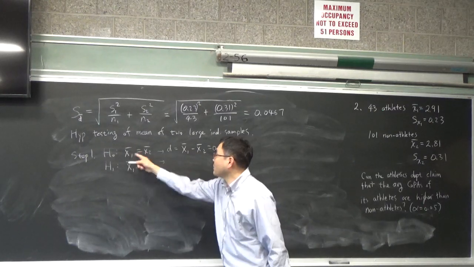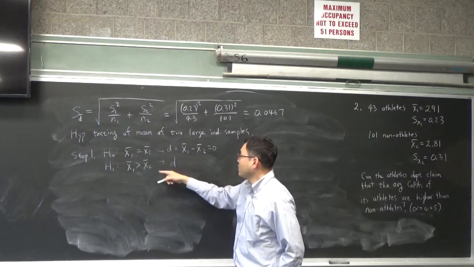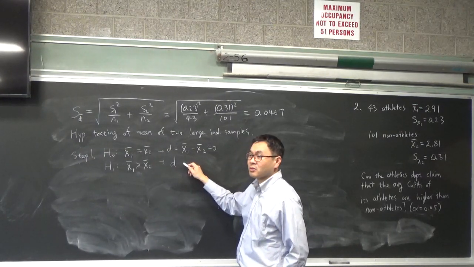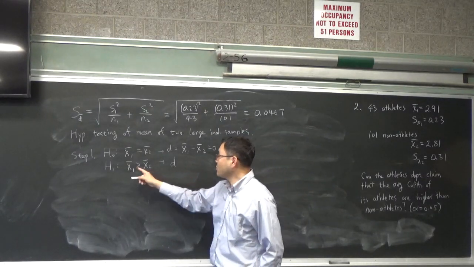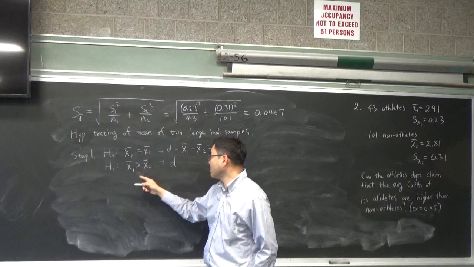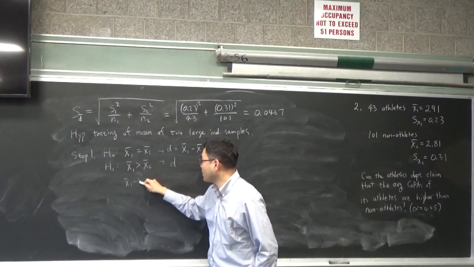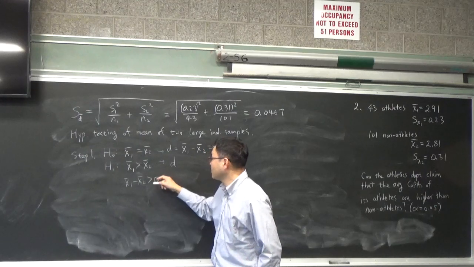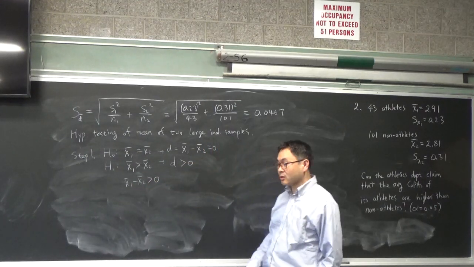So if I say this minus this as the difference, then here this would mean D is what? Less than 0 or bigger than 0? Yeah, if you subtract x2 from both sides, this is what you get, which is D greater than 0, right?